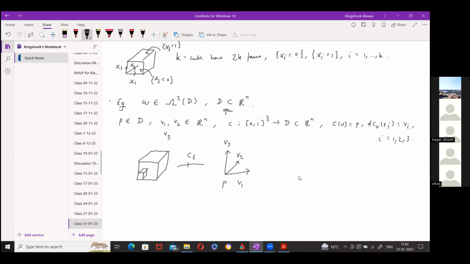C epsilon will be some small 3 cube here with sides almost tangent to V1 to V3. Now the boundary of C epsilon is a small 2 chain, and I can integrate omega over the boundary of C epsilon.